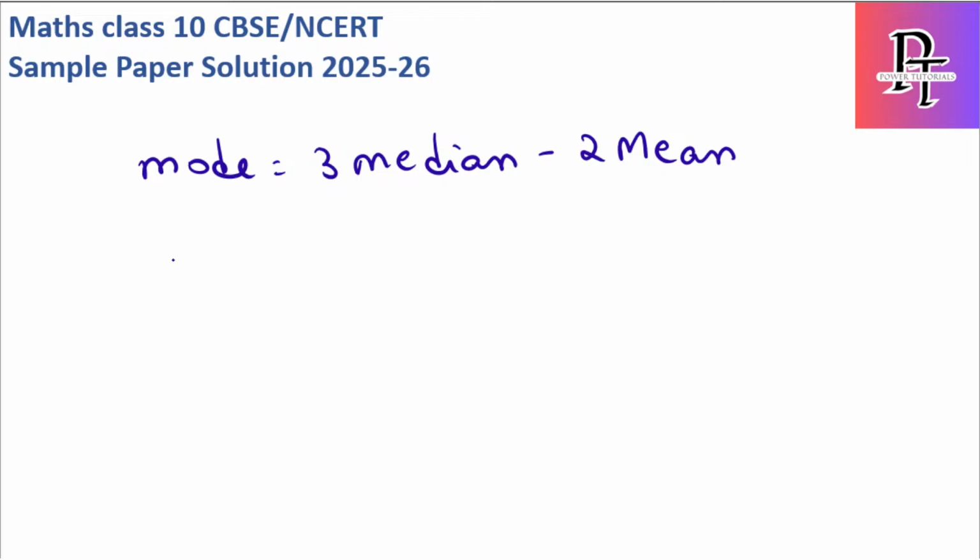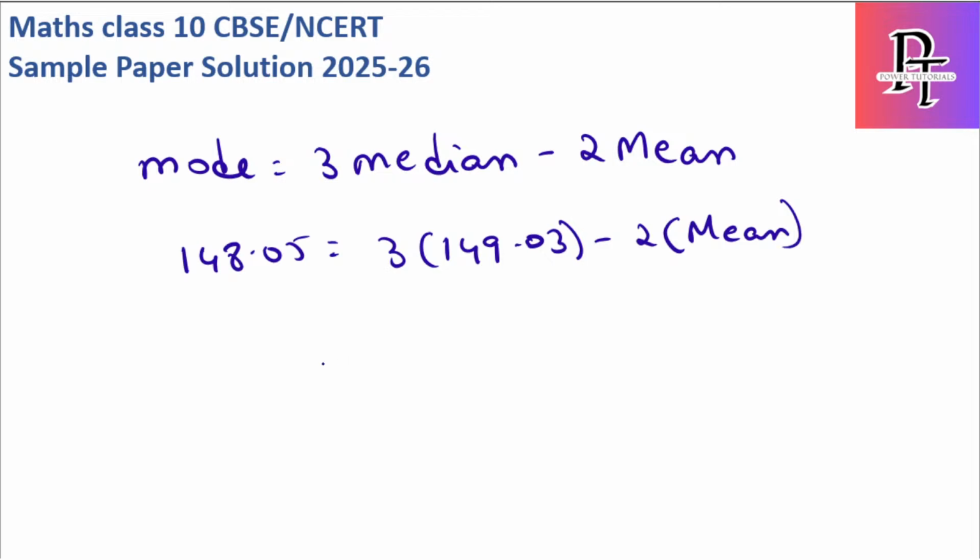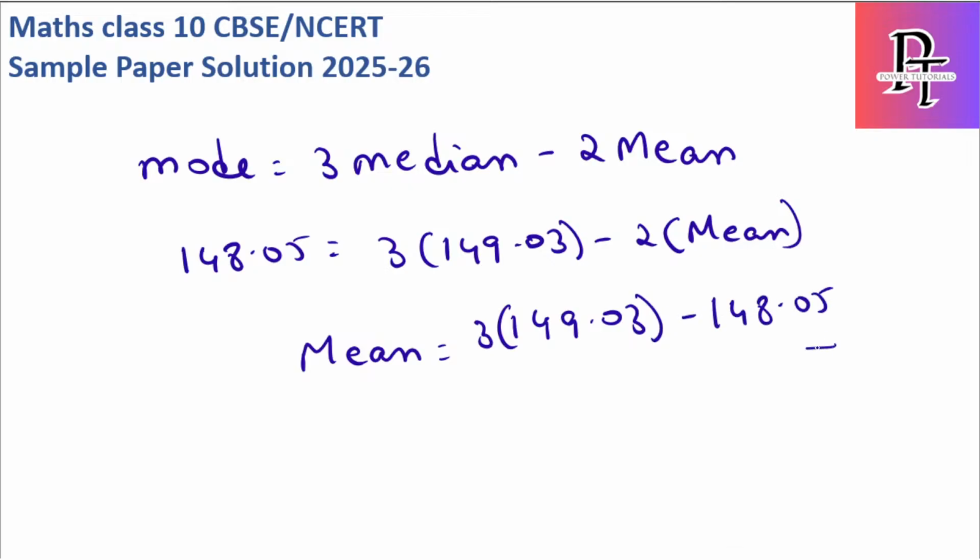Mode is 148.05, so substitute that value. 3 median: the median we got is 149.03, minus 2 into mean. Now we need to find the mean. So simply, mean is equal to 3 into 149.03 minus 148.05, by 2. I just moved 2 mean to the other side and 148.05 to the right side.